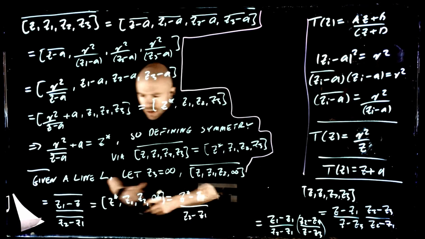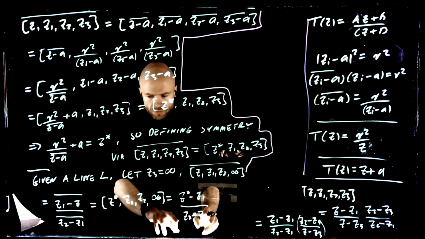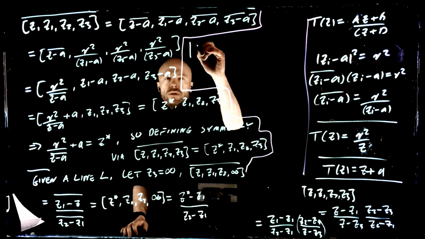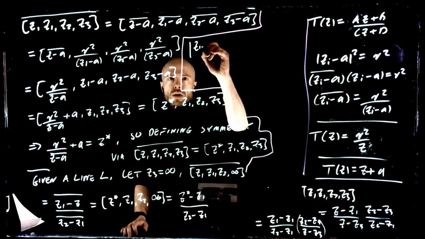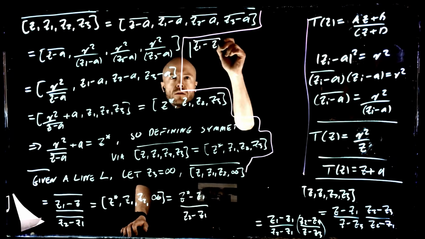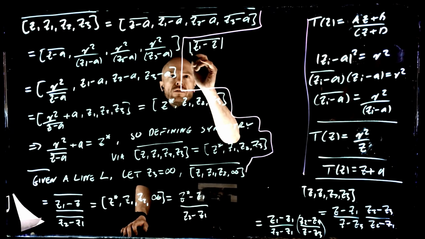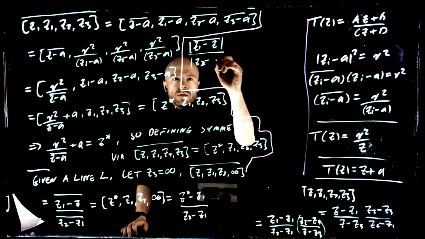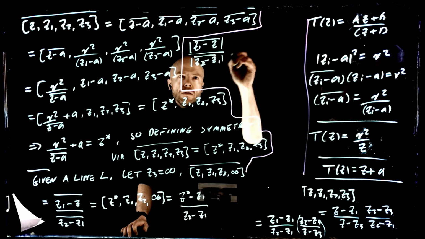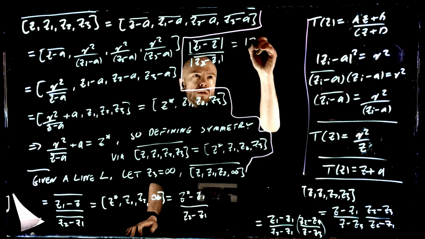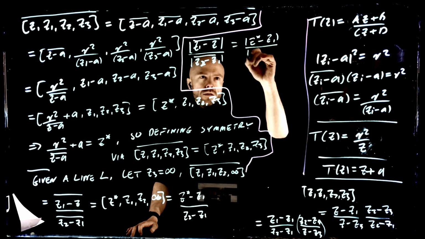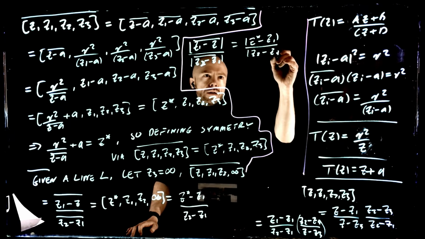Well, if we take the absolute value of both sides of this, then what we see is the absolute value of z1 minus z bar over the absolute value of z2 minus z1 bar, and that's the same as the absolute value of z star minus z1 over z2 minus z1.